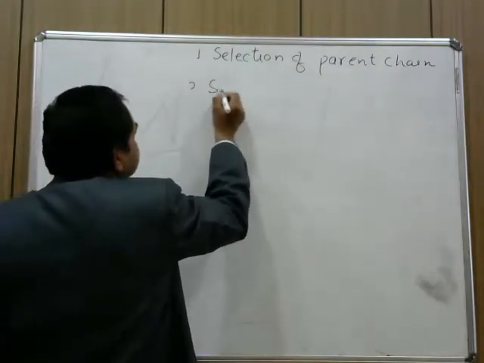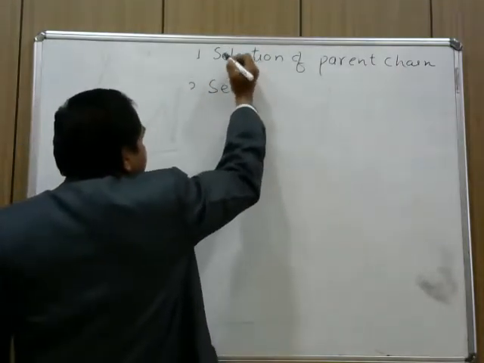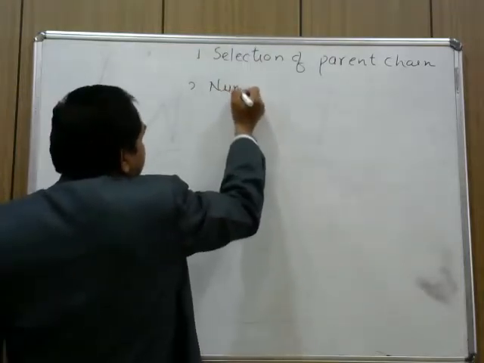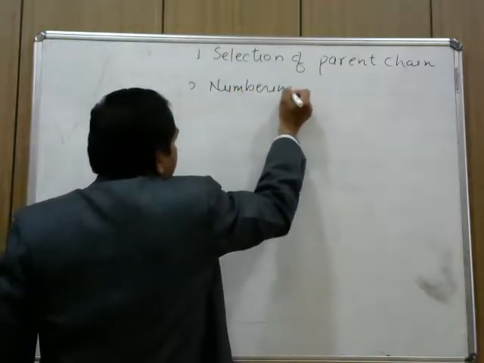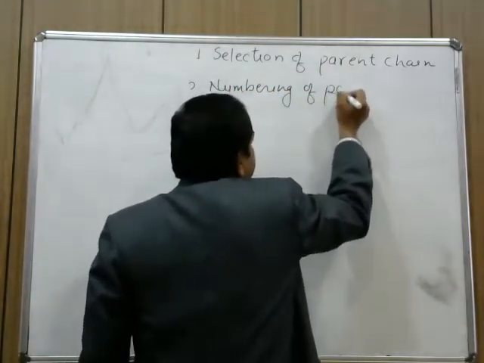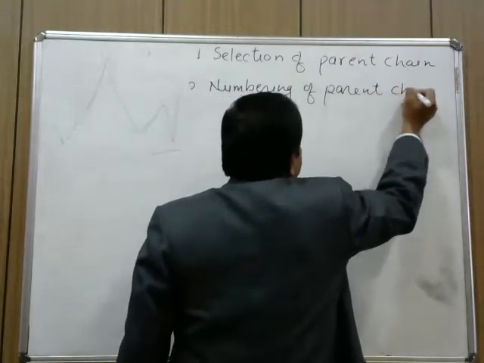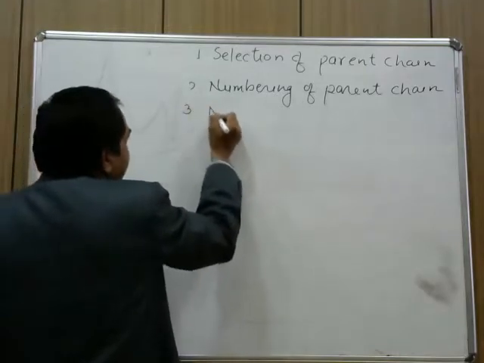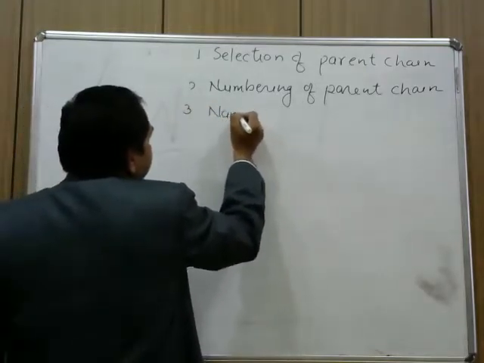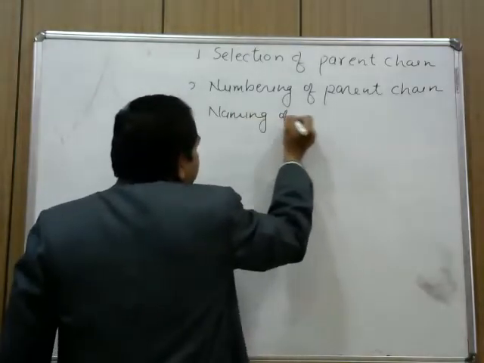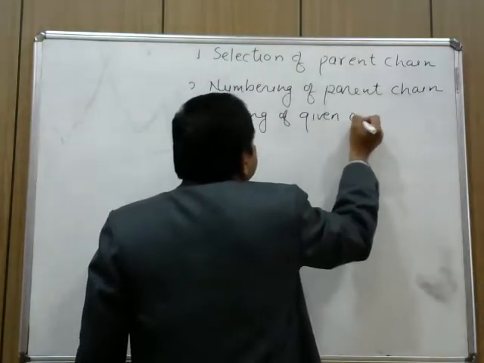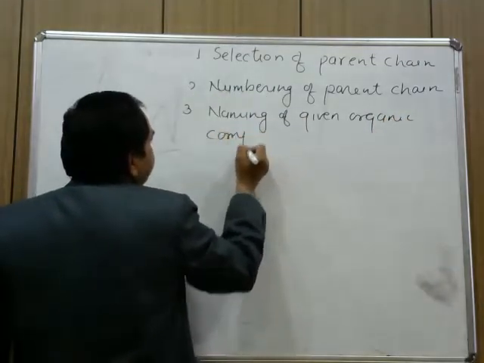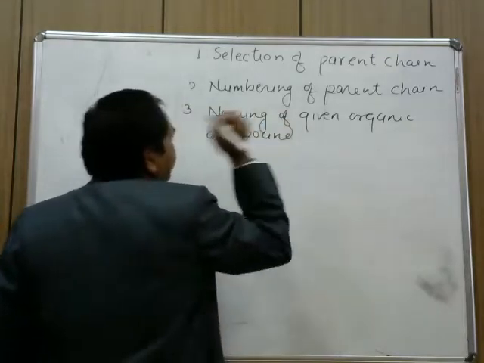Number 2, second step is numbering of parent chain, and third is naming of given organic compound.